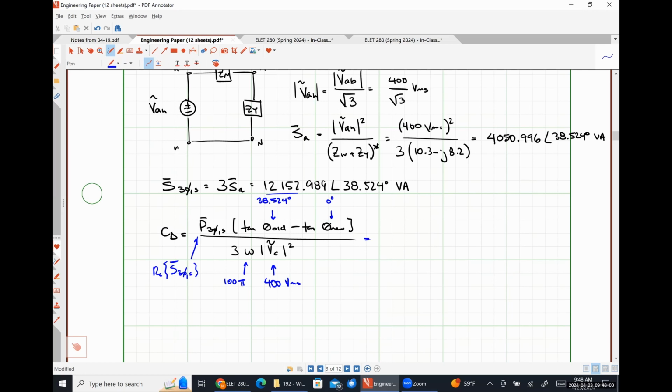So we're already ready to solve this thing. I'm going to take the real part of what I have stored as x times the tangent of the angle of what I have stored as x, minus tangent of 0, divided by 300 pi times 400 squared.